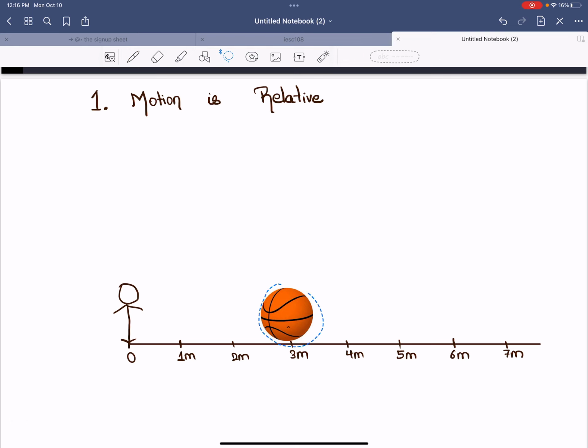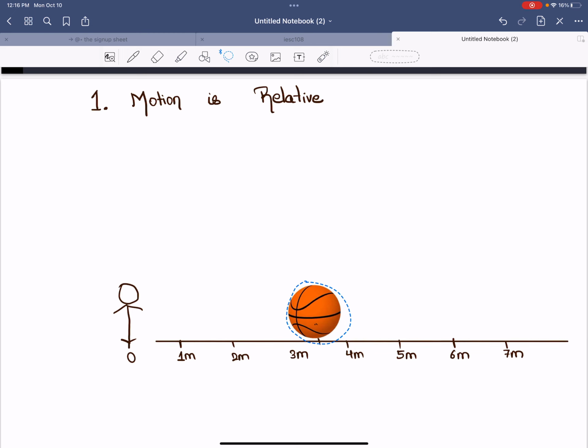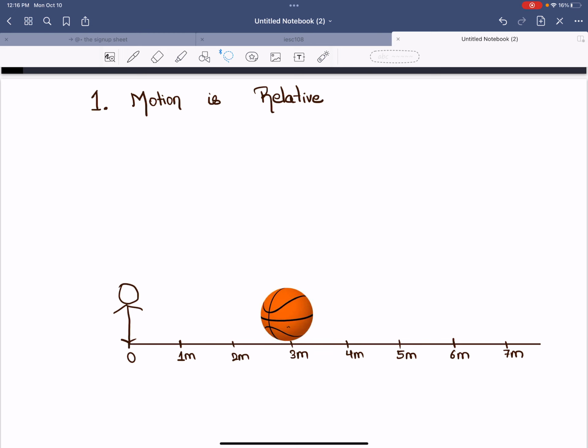But if I do this and now I move the ball, as you can see, if I ask you now is the ball moving, you would say yes, it's moving. So what is happening when I'm doing this? I'm basically changing the location of this ball.